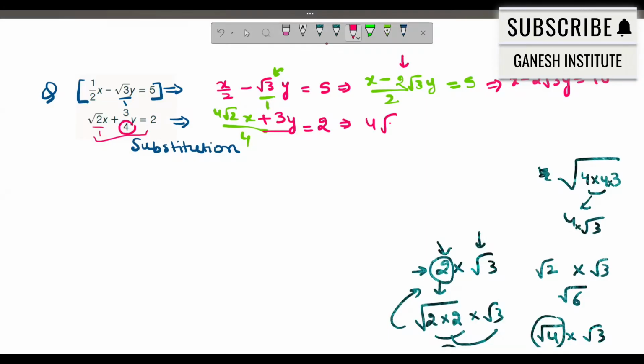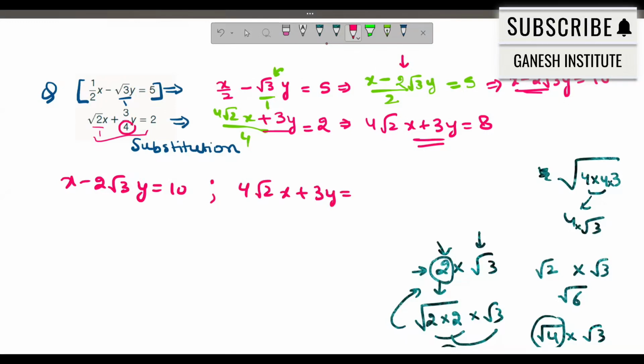We'll take it in the next step to the right hand side, so it becomes 8. Now I have these two equations because I'm doing substitution. So let me rewrite these.